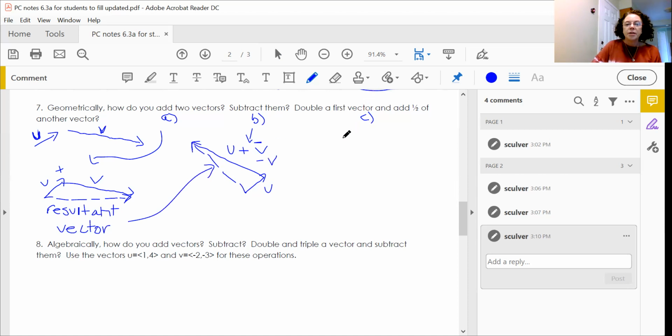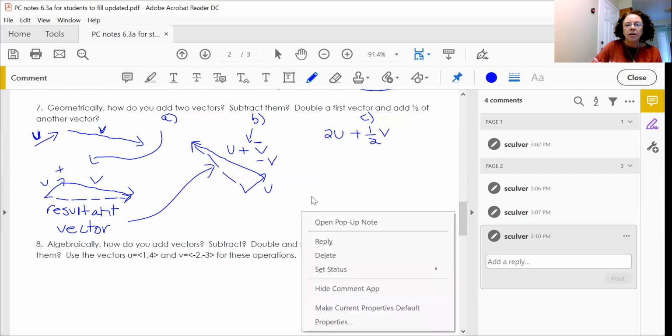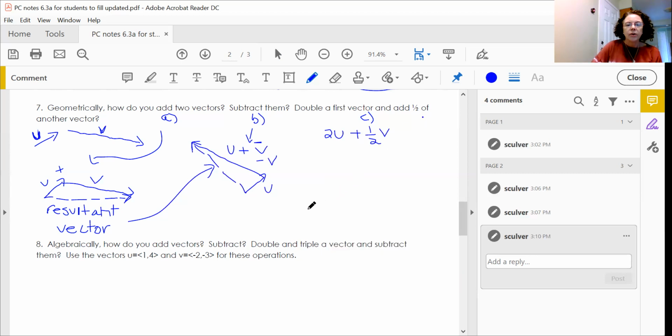How do we double a first vector and add 1/2 of another vector? When we're doubling U, that means we keep U in the same direction, but we make it twice as long. So here is 1U, 2U's. So here is 2U.